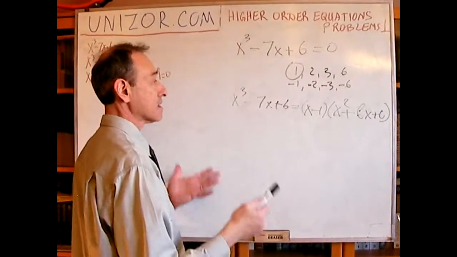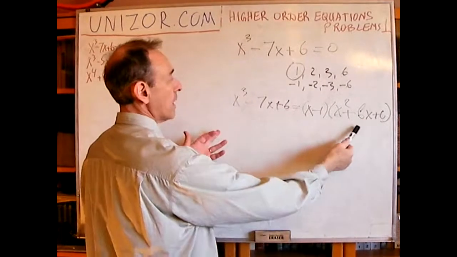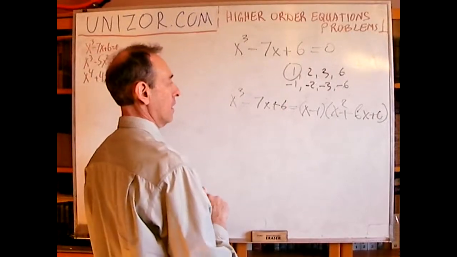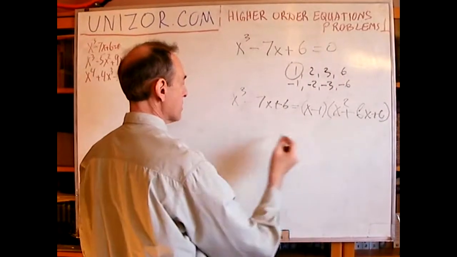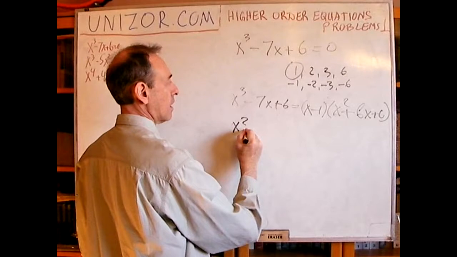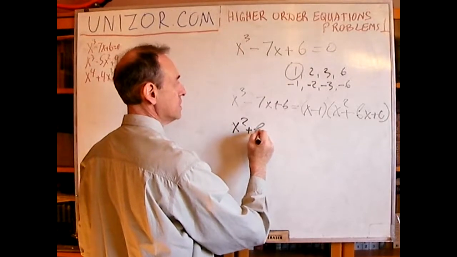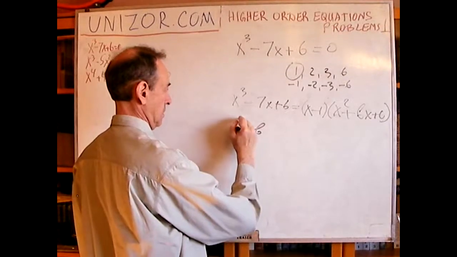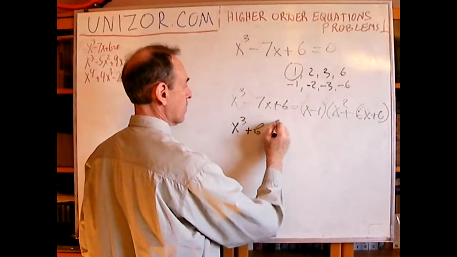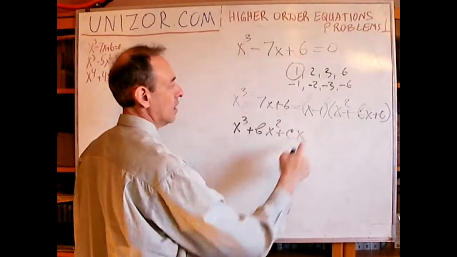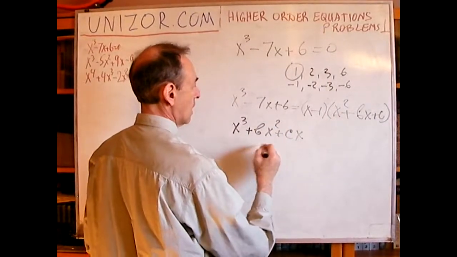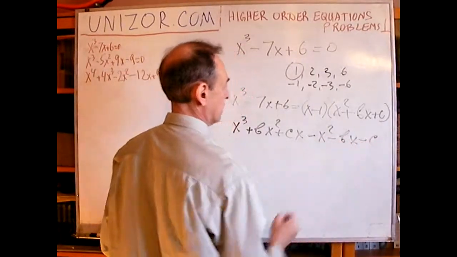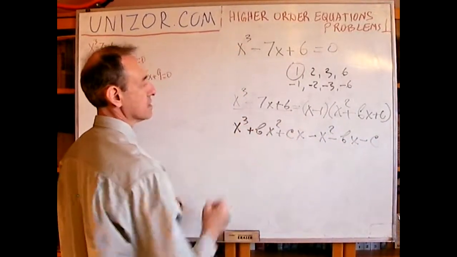And now we can basically find b and c by multiplying this and comparing with this. Well, let's do it. Now, x multiplied by this would be x cubed plus bx squared plus cx. Minus 1 would be minus x squared minus bx minus c. And it's supposed to be equal to this, right?